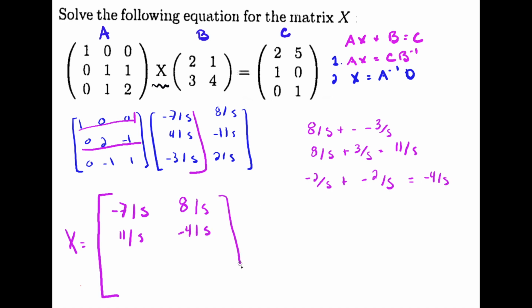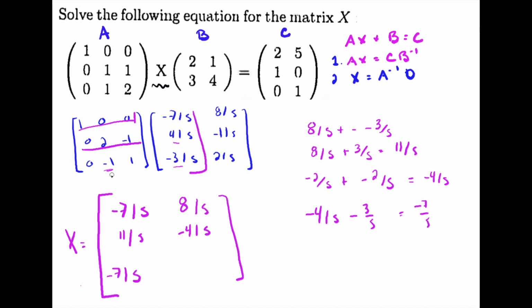We're almost done. Last row, first column, 0 times negative 7 out of 5, still 0. Negative 1 times 4 out of 5 is negative 4 out of 5, plus 1 times negative 3 out of 5, so minus 3 out of 5, minus 4 minus 3 is equal to minus 7 out of 5.